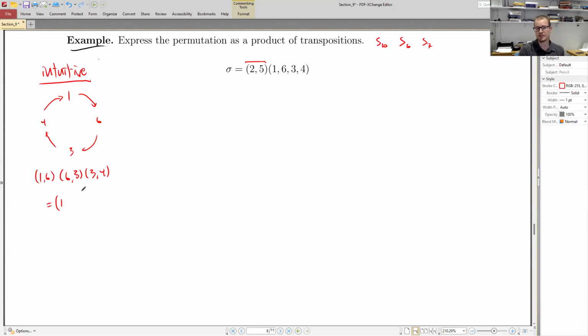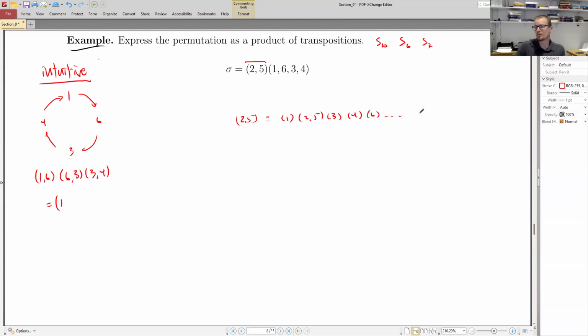What happens to 1? It could be that 1 isn't present. In this, 1 just stays where it's at. 2 goes to 5, 3 stays where it's at, 4 stays where it's at, 5 is already handled right there, 6 stays where it's at.